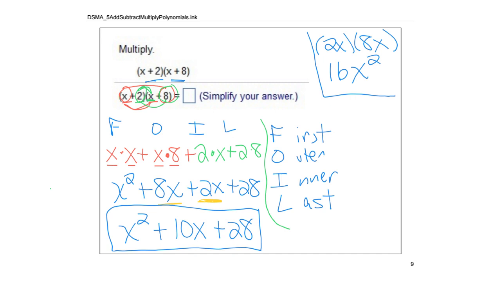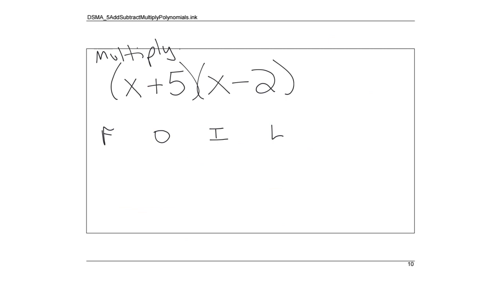All right, let's try another one. All right, so once again, we have two binomials. We have addition and subtraction inside, so we can't just multiply these using exponent rules. We will use exponent rules, but first we have to grab what we need. For the very first term, we're going to grab the first two terms from the binomials and multiply those together.